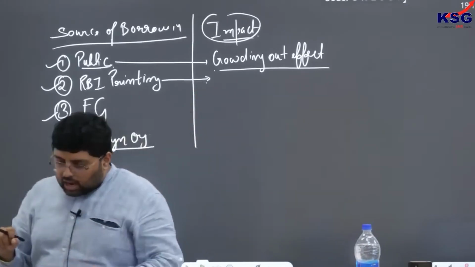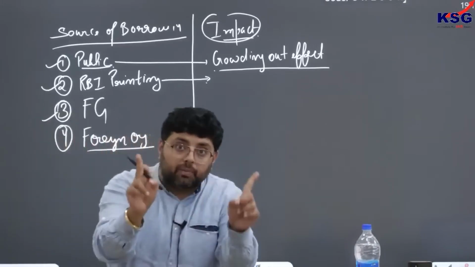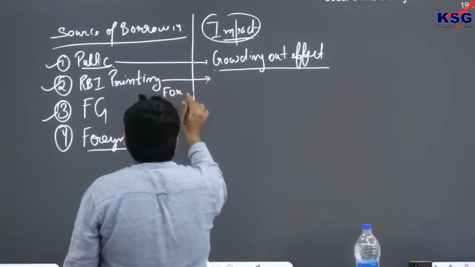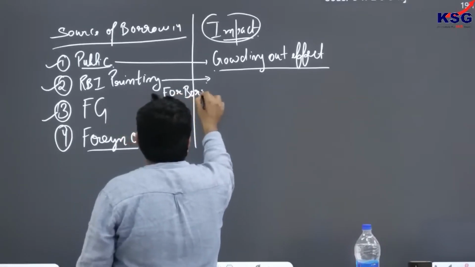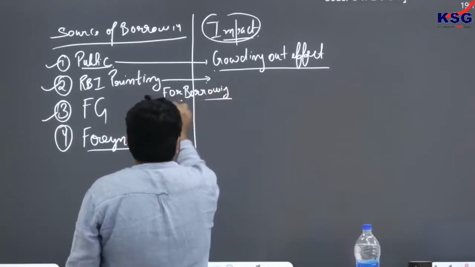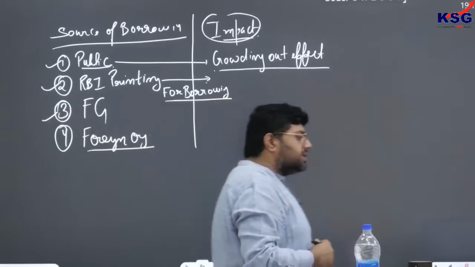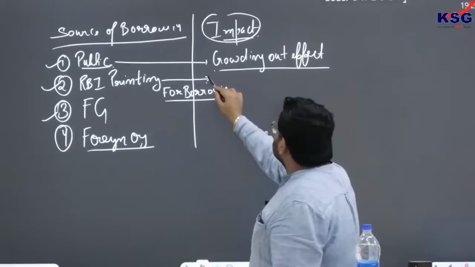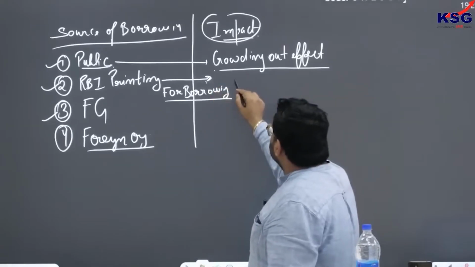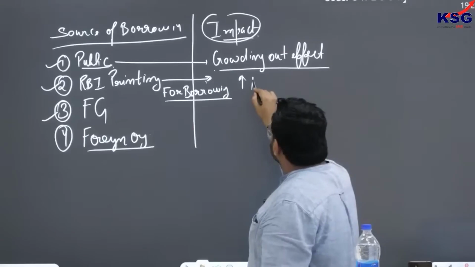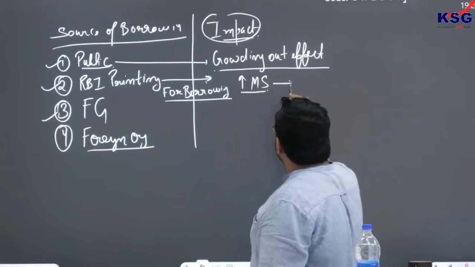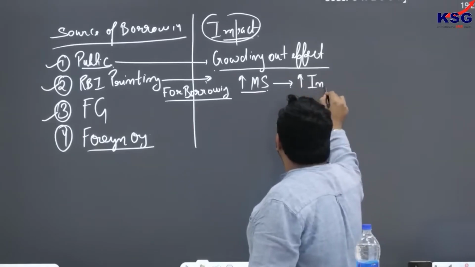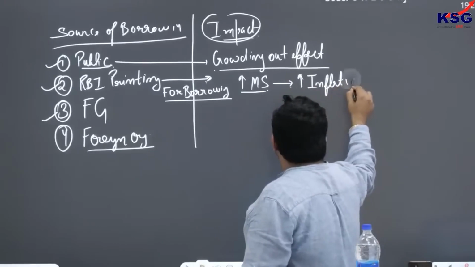Now, RBI printing, what is the impact? If RBI started printing money for borrowing purpose, I'll mention again that printing is allowed for other purposes, but for borrowing purpose it is not allowed in India. But assume that it is allowed. In that case it will lead to an increase in the money supply in the economy, and whenever money supply increases, it leads to an increase in prices of commodities, or inflation.